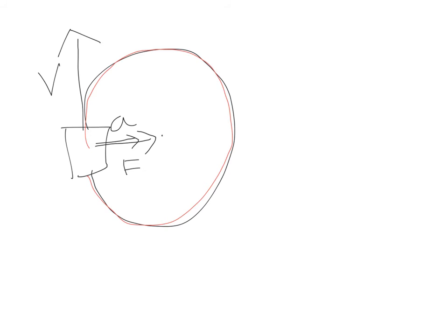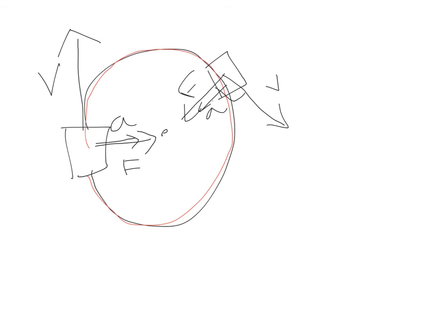If I draw another spot, it will have force and acceleration towards the center of the circle, and also v will be 90 degrees to that path.